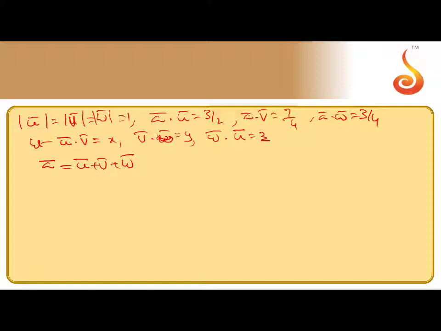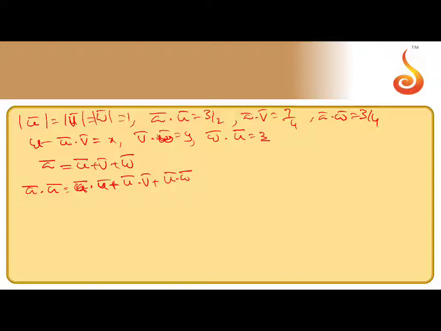Because you know a dot u, now you can take the dot product with u on both sides. This will give a dot u equals u dot u plus u dot v plus u dot w.